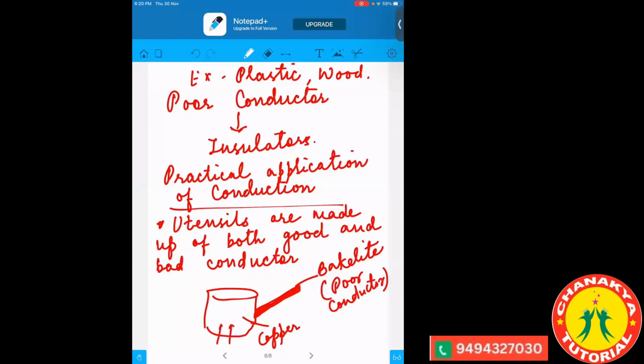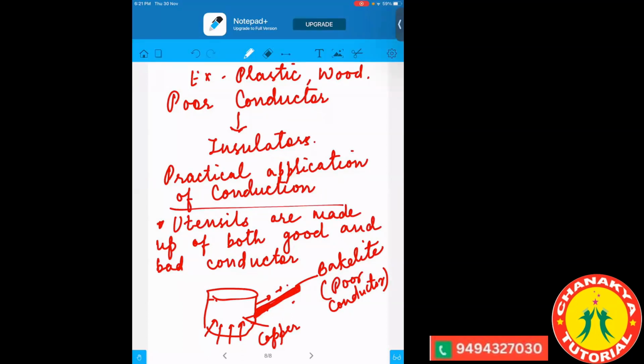Easily, the heat will come to this utensil and it can go to this handle also. That is why the handles are made up of poor conductors of heat, and the center part is made up of the good conductor. If the handle also is made up of copper, we will not be able to hold it because it will be very hot. So this is the first application where we can use it.